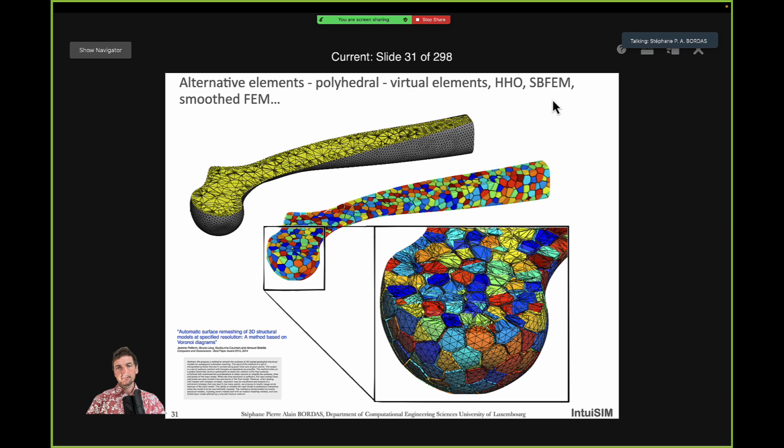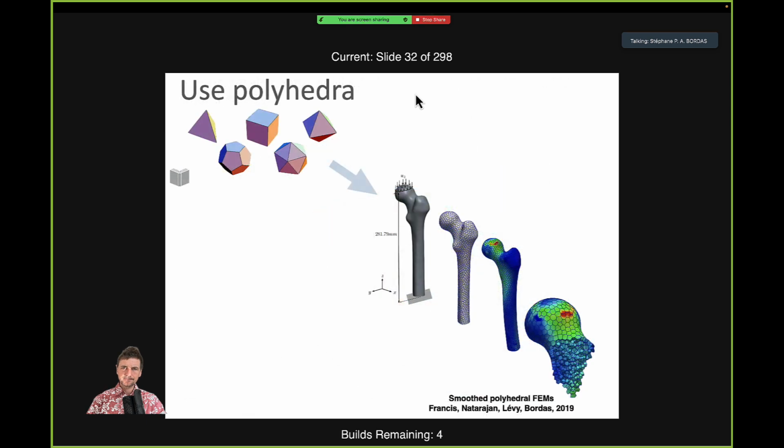So we worked on all of them, and I think that there are quite some advantages to doing this, because what you can do is mix these little shapes together and make arbitrary shapes, like this femur, for example, which I have to confess is not the most complex structure you could think of, but in 2019 we were able to use smooth polyhedral finite elements in order to solve the problem of deformation of this femur.